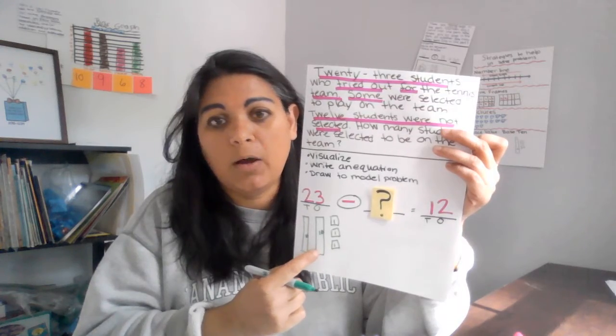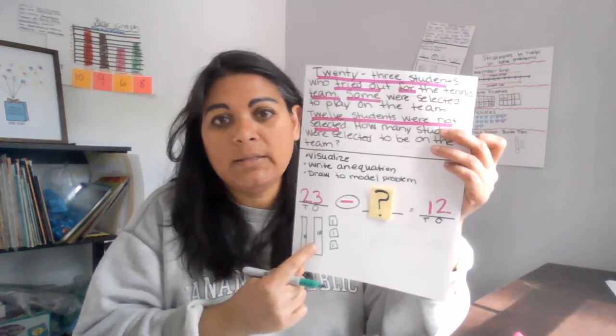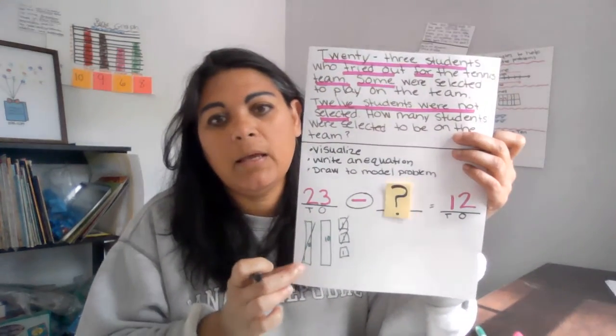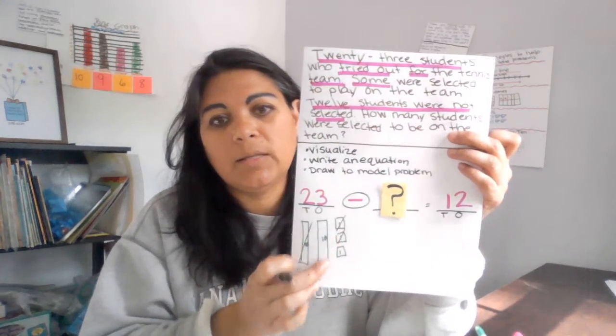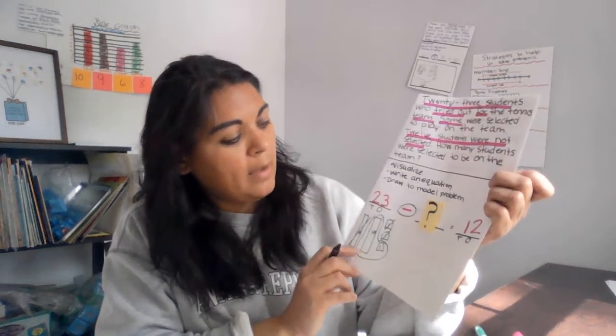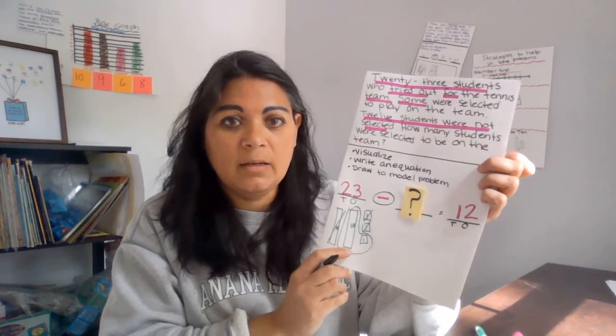Let's take away 12. So let's take away 1 10 and 2 1s. Do you see how I'm putting nice diagonal lines through the whole thing? So I took away 1 10 and 2 1s. Now I'm going to circle what is left. I have one group of 10 and 1 1.